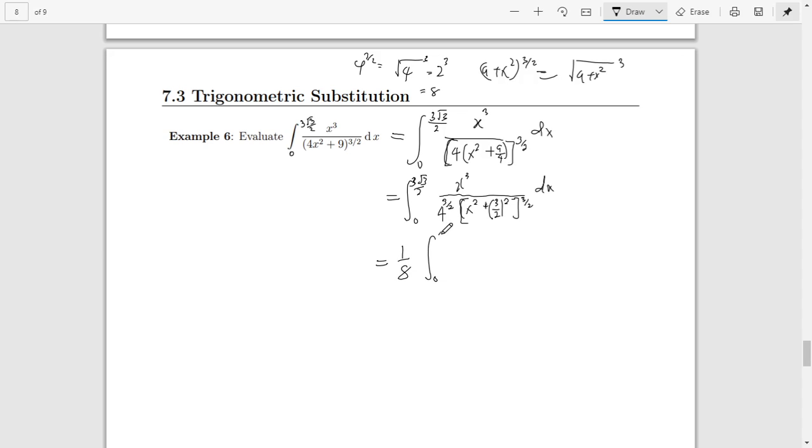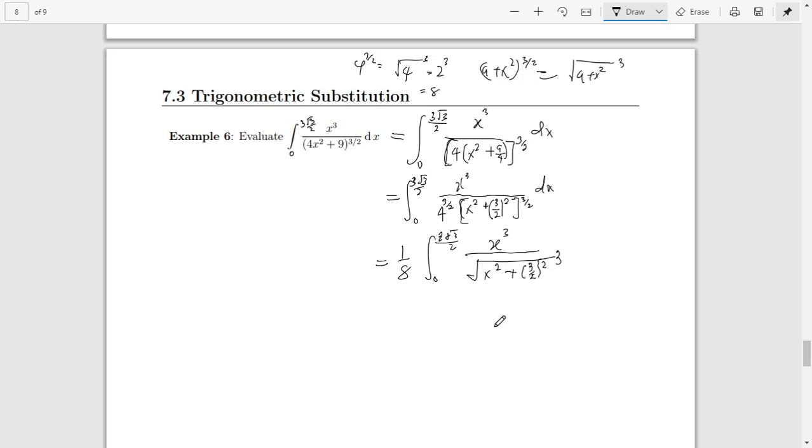The integral from 0 to 3 root 3 over 2 of x to the 3 divided by, let me write it this way, I think it's going to look better, x squared plus 3 over 2 all squared, but everything here is raised to the power 3.